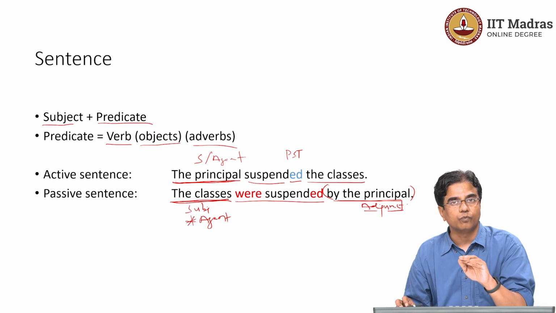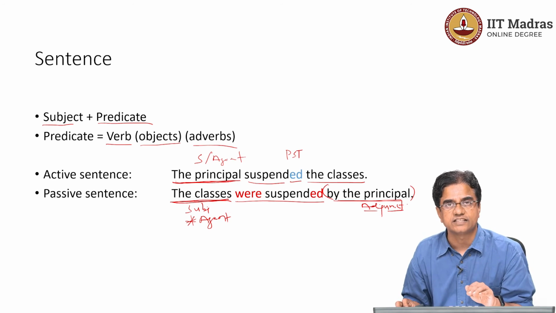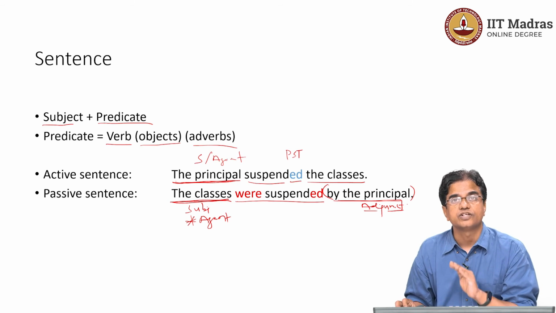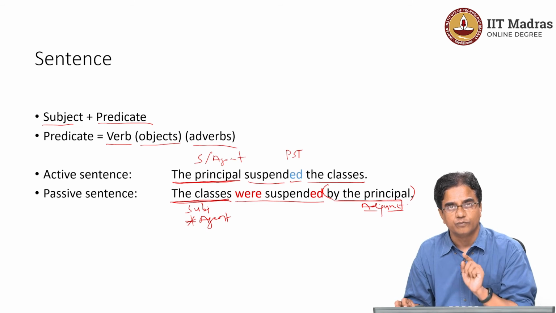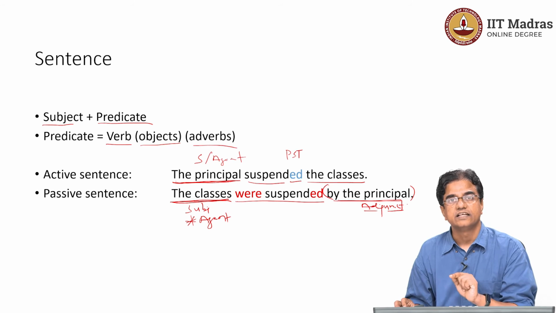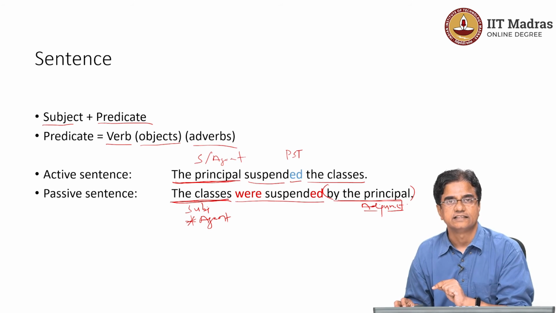So, what was the subject in the active sentence is not becoming the object in the passive sentence. One more time, the subject of the active sentence is not becoming the object of the passive sentence.